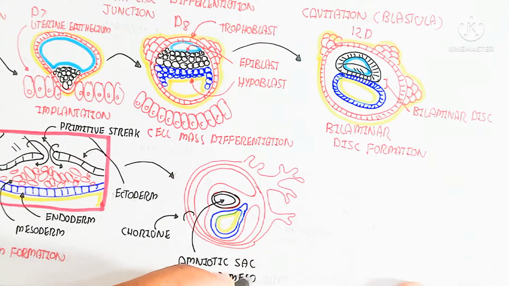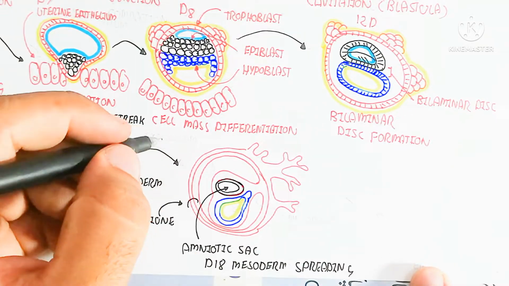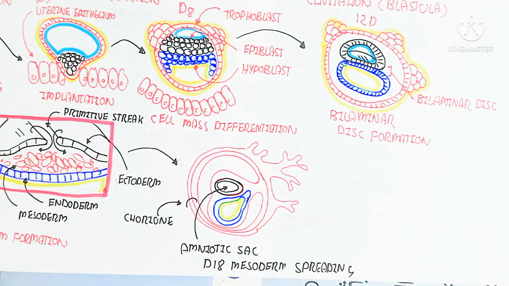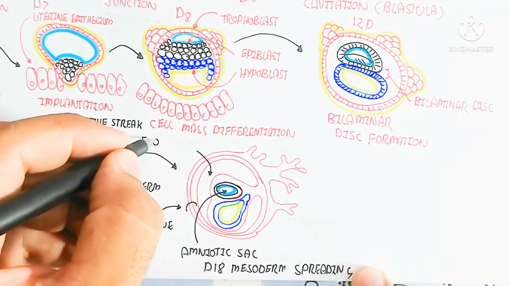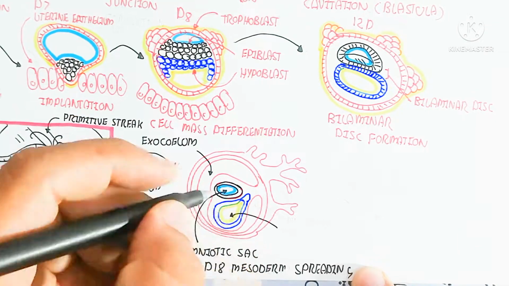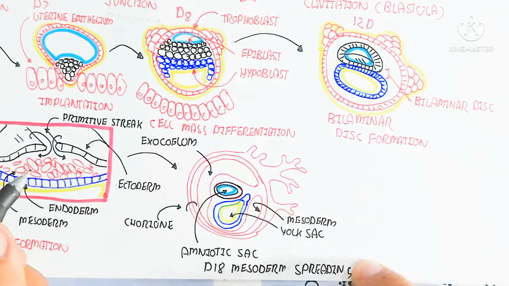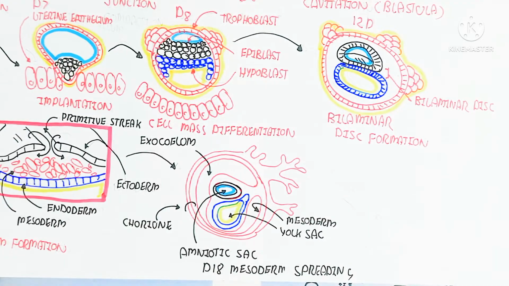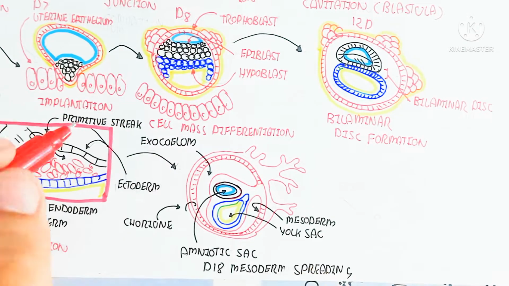The hypoblast will become the endoderm by the changes of the cells, and the invaginated cells form the mesoderm, shown in red in the figure. So the ectoderm forms from the epiblast, the hypoblast develops into the endoderm, and between the ectoderm and endoderm is the mesoderm formation.